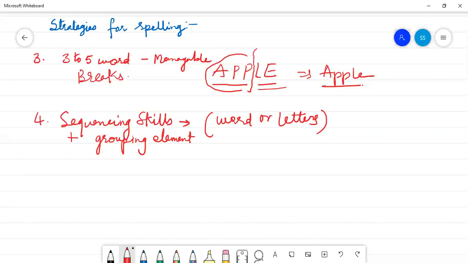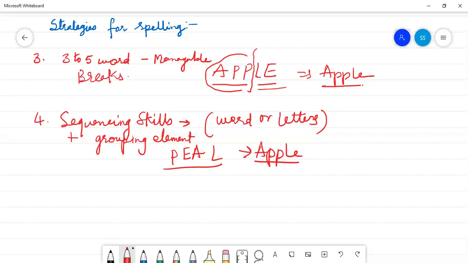So in this, developmentally, an instruction is provided in an appropriate way. For example, you're going to give different letters, maybe it's a nonsense word, but the child has to create a sequence group in particular words.